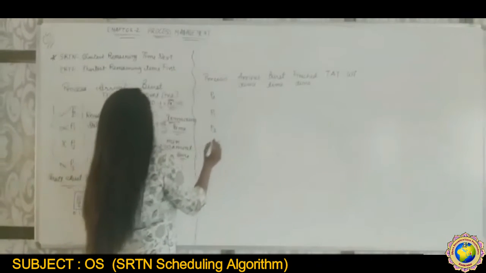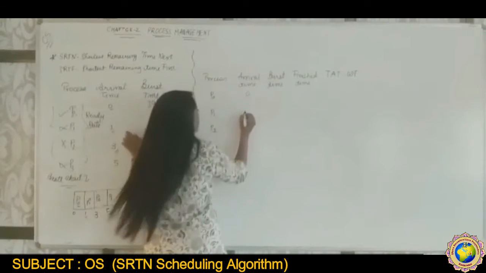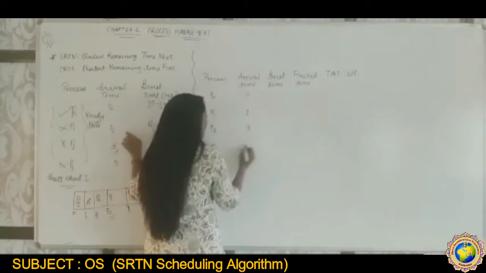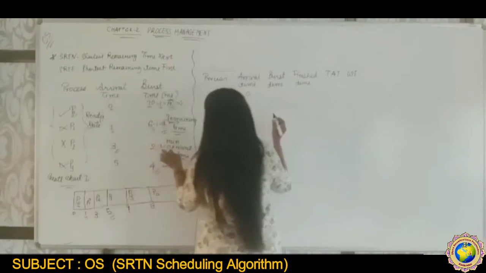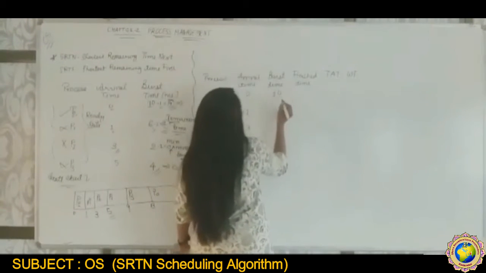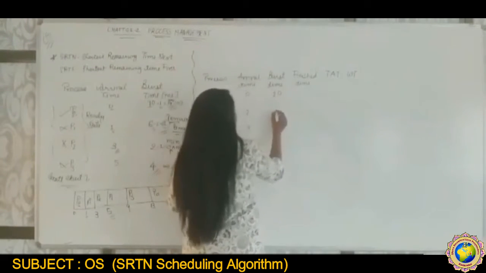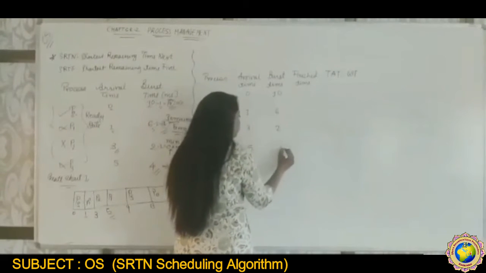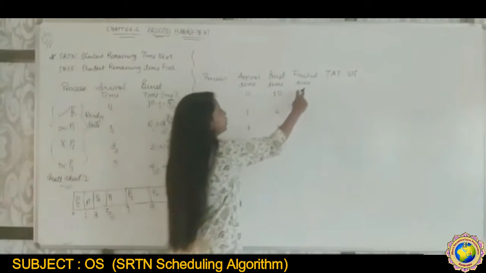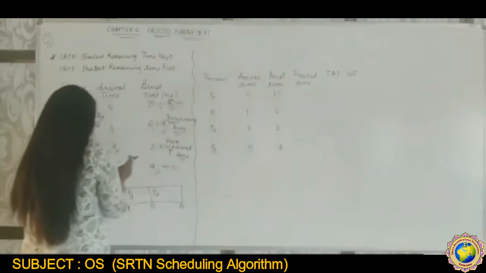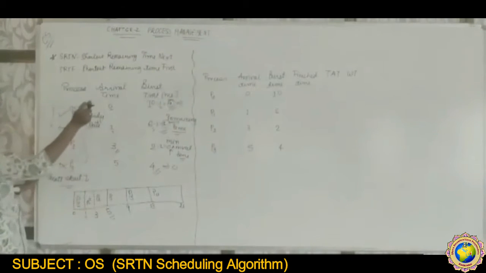Arrival times will be 0, 1, 3 and 5, and the burst times will be 10, 6, 2 and 4. Now we have to find out the finish time, right? So what do we have to consider in the finish time?